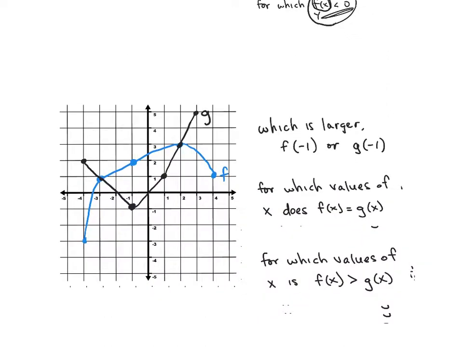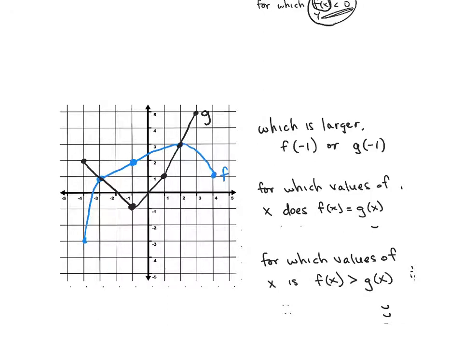Okay, it's quite common, in a section like this, to have to consider multiple functions or multiple graphs of multiple functions. So I've got 2 functions, function g and a function f. And first question is, which one is larger, f of -1 or g of -1?